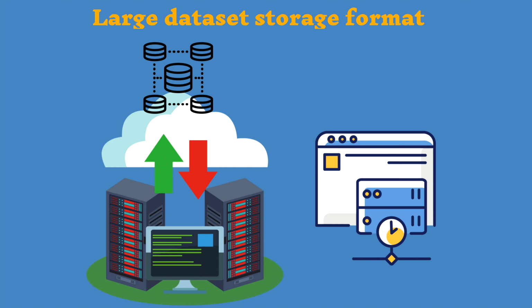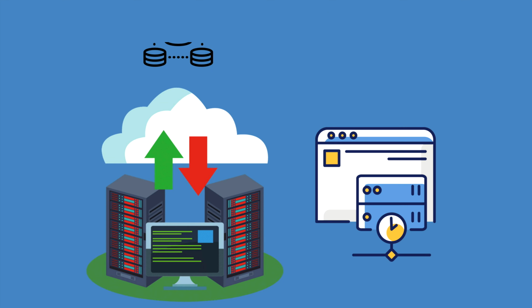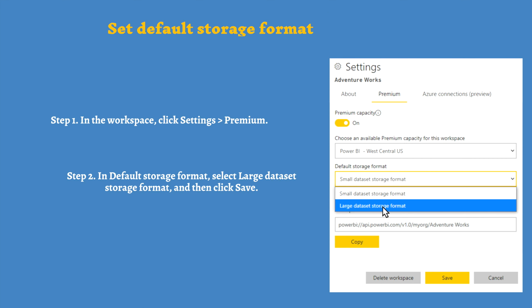Now, how to enable this large dataset format? Let me just show you. You have to go to your Power BI Premium workspace. In the Premium workspace settings, you will see a window like this. Over here, the first option is where you want your Power BI dataset to reside. You can choose the location, and the second option is the default storage format.